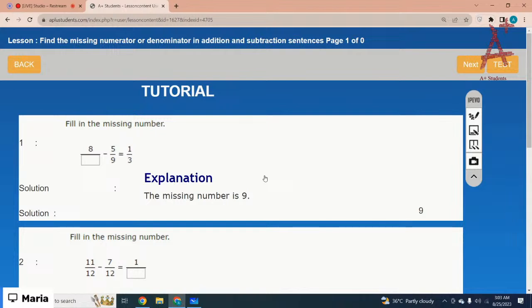So that means the missing number is the denominator. When you are adding or subtracting fractions, the denominators must be the same. So one of the fractions has the denominator 9. That means the other one is also 9. It would be 8 over 9 minus 5 over 9, right?